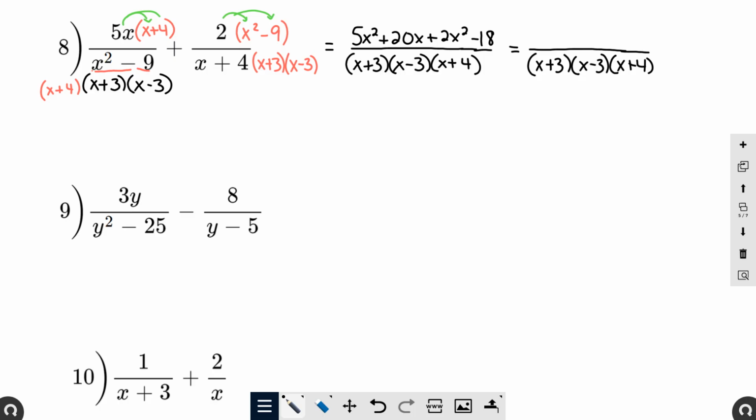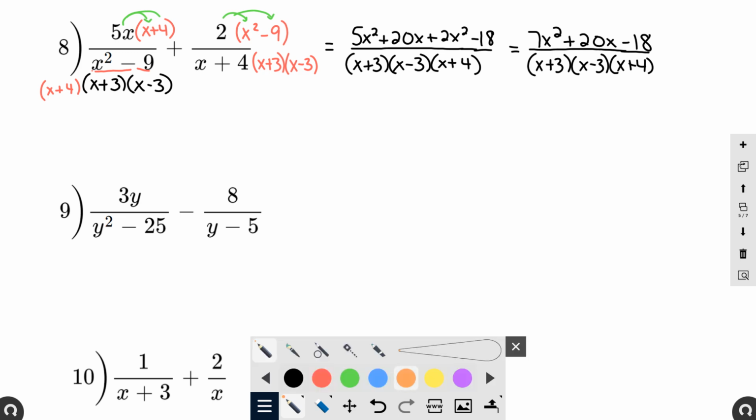That's also why I wanted to show this one. Sometimes after you multiply, you still got some like terms you could put together. So 5 and 2 make 7x squared plus 20x minus 18. And then we need to check to see if it factors. So let's multiply our 7 and 18. So negative 126.